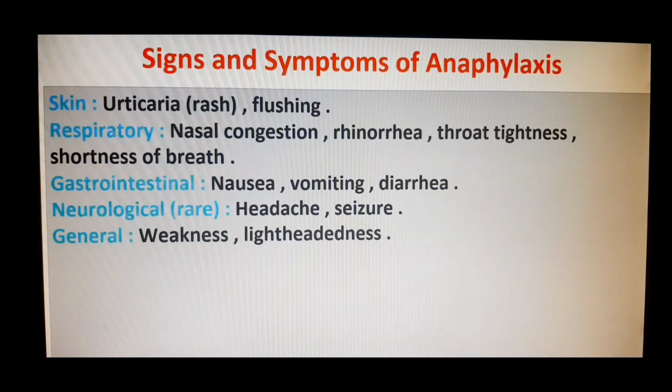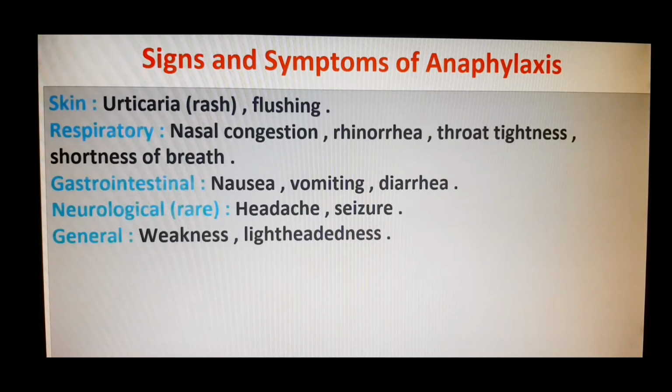Signs and symptoms of anaphylaxis. We can see them in many systems of our body. In the skin, we can see urticaria, which means rash, and flushing, angioedema, also sneezing, conjunctival pruritus, swelling, diaphoresis. All of this we can see in our skin.